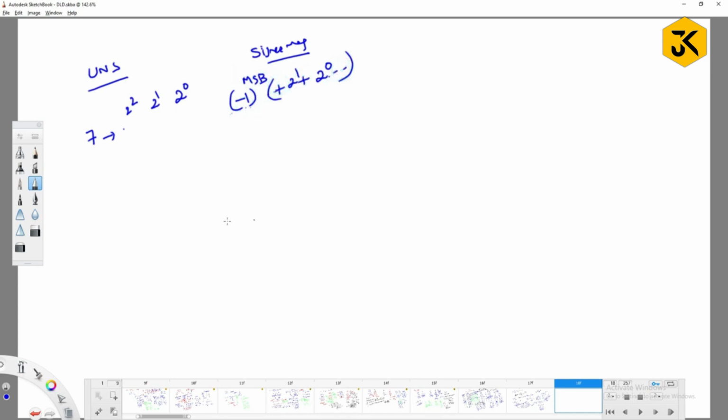Observe, if I have the number 110, what is the signed magnitude value of this decimal number? Up to here it is 2. 2 into minus 1 power MSB, which is 1. Minus 1 power 1 is minus 1. Minus 1 into 2 is minus 2, which is equivalent to 110.